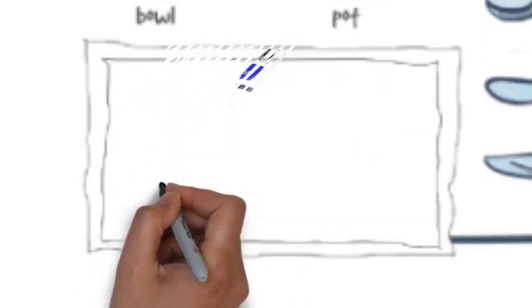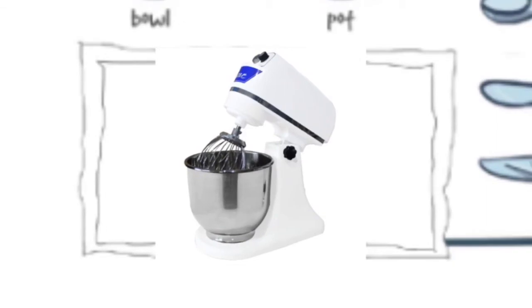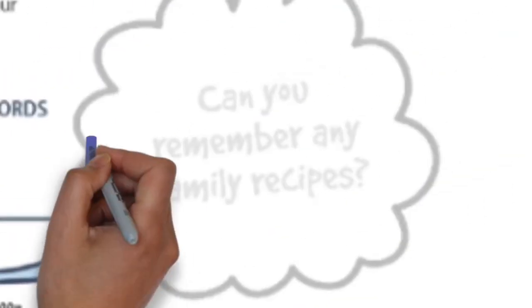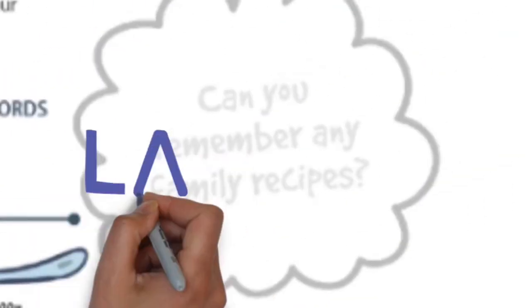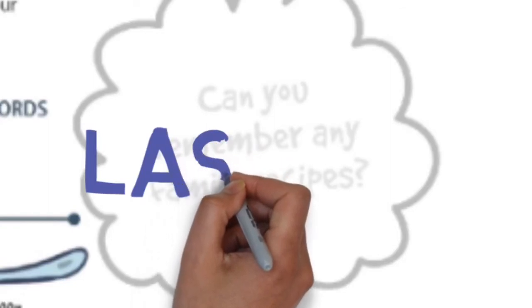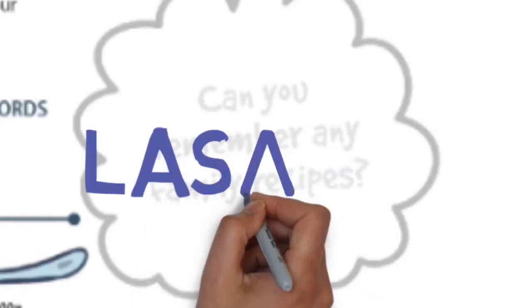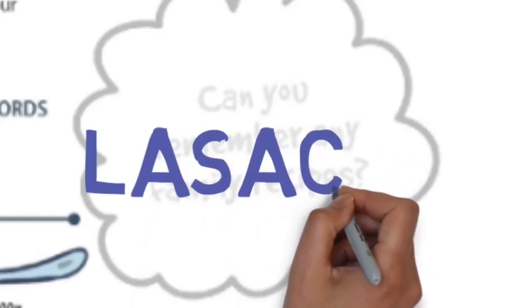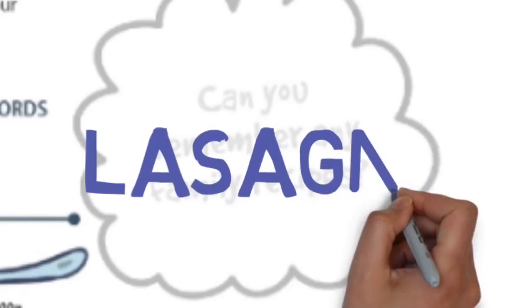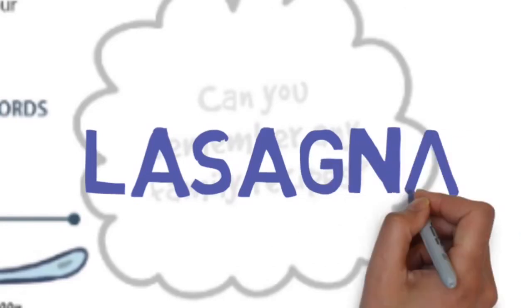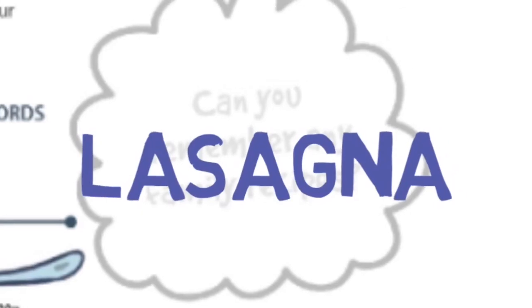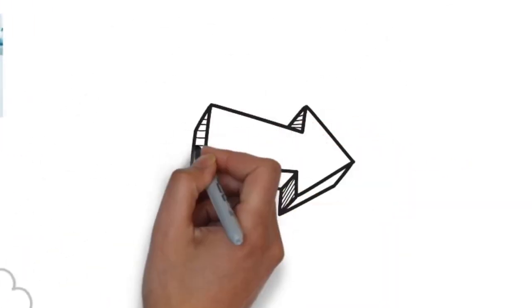According to me, I'm going to use the mixer. What about you? Then, in the little bubble, you are going to write any family recipe that you remember. I wrote lasagna because my mom cooks lasagna on my birthdays.